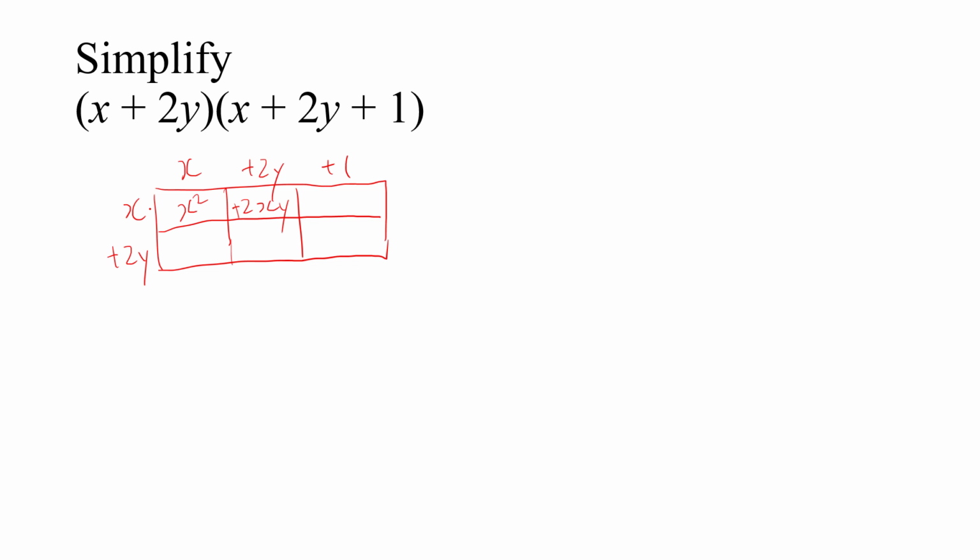Remember to write the plus x, plus 2xy, plus 4y squared, plus 2y. So I will have x squared plus 2xy plus x plus 2xy again, then plus 4y squared plus 2y.